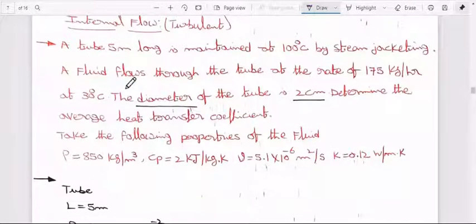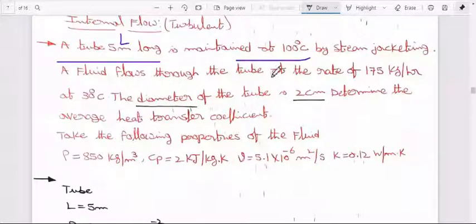So here, a tube 5 meters long, so length equal to 5 meters, is maintained at 100 degrees centigrade. That means wall temperature is maintained at 100 degrees by steam jacketing.